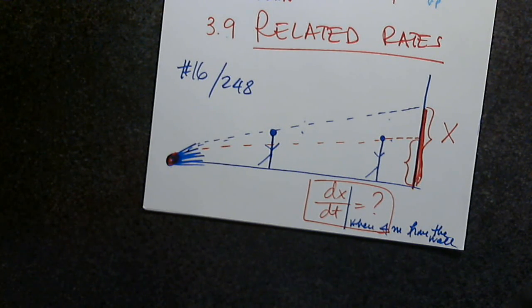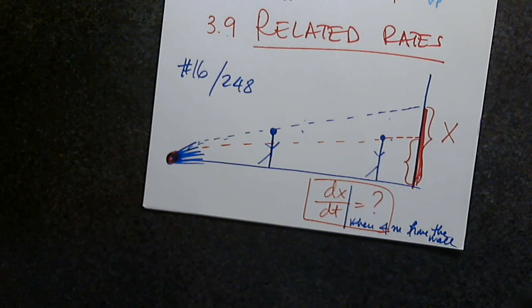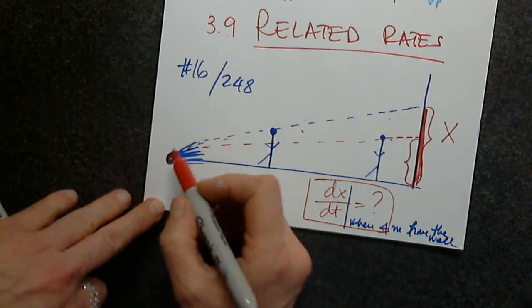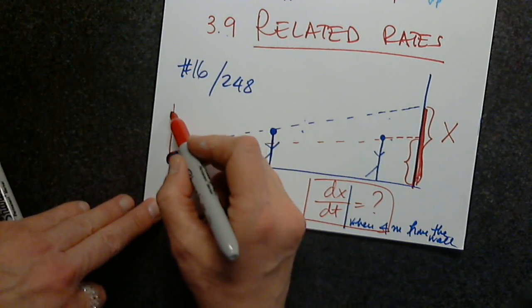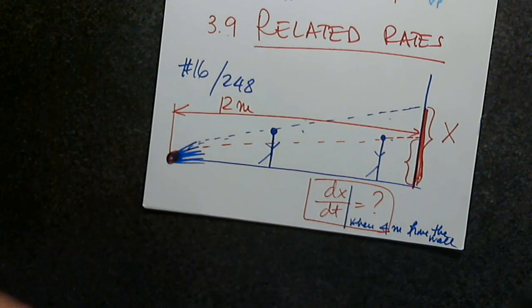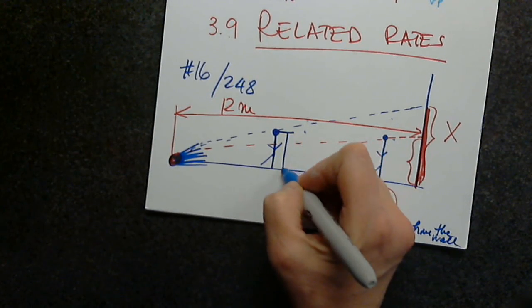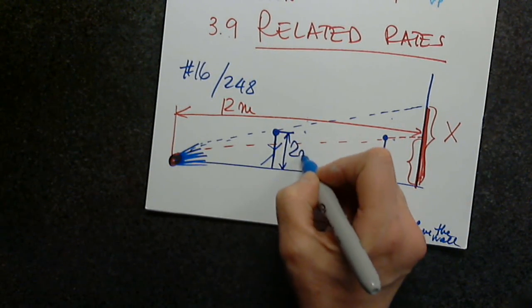Okay, let's read the problem one more time. A spotlight on the ground shines on the wall 12 meters away. Important piece of information. So this is 12 meters. If a man 2 meters tall, okay, this is 2.